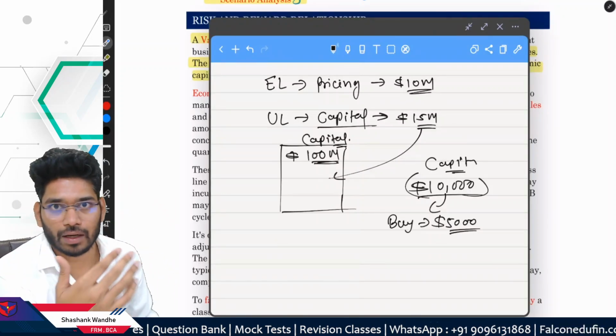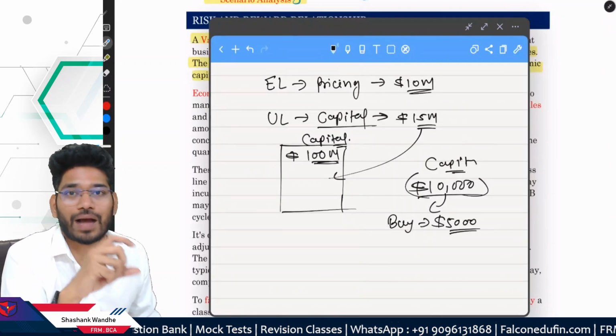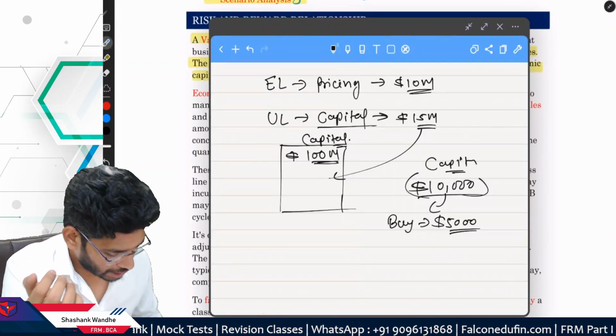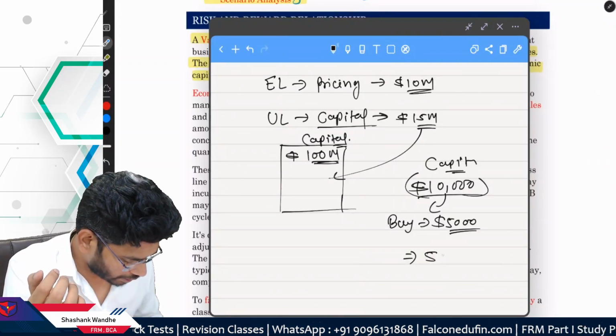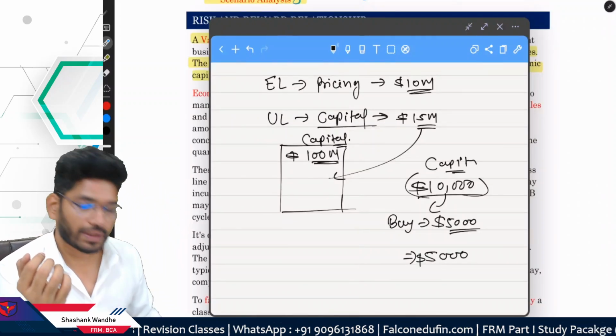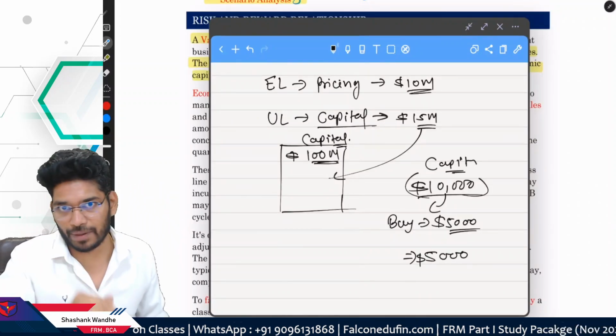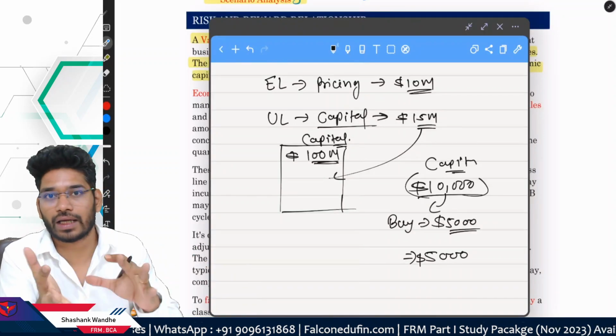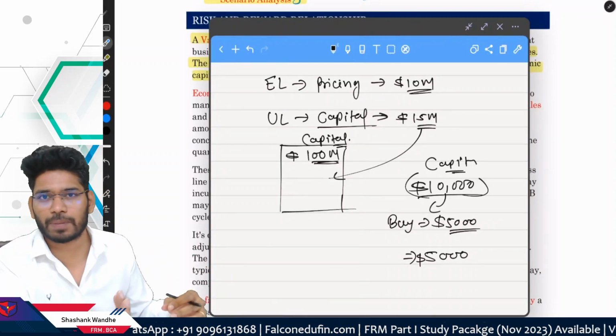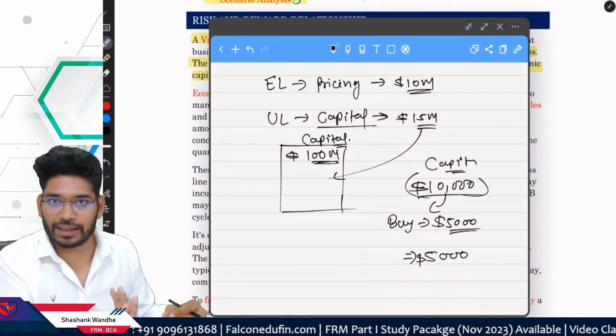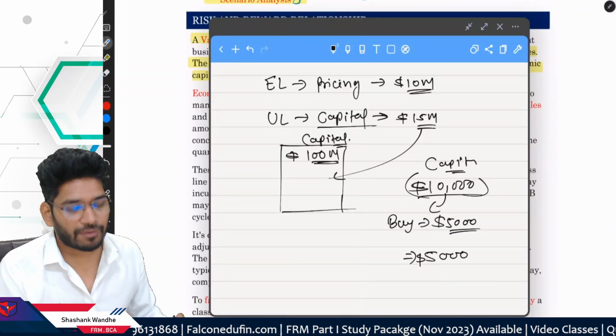What will happen? Your capital is used to absorb these unexpected losses. Now your remaining capital is only 5,000. So with unexpected losses, your capital will reduce. With gains or regular income, or maybe unexpected income also, your capital will increase. Very simple. And the same thing is applicable for the bank.